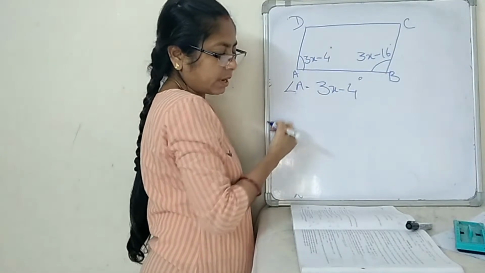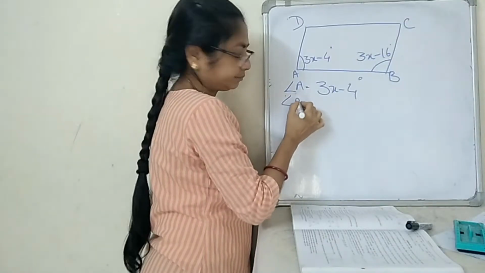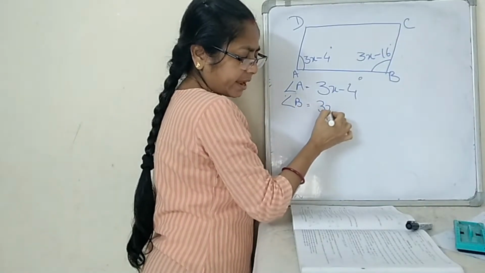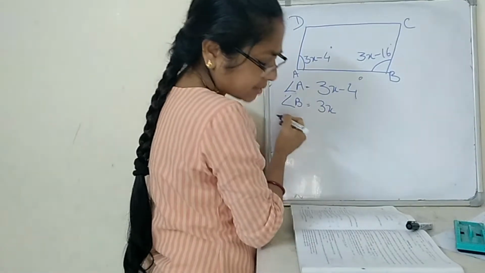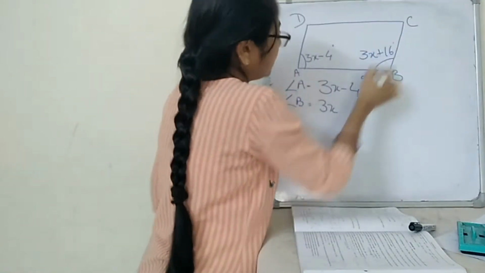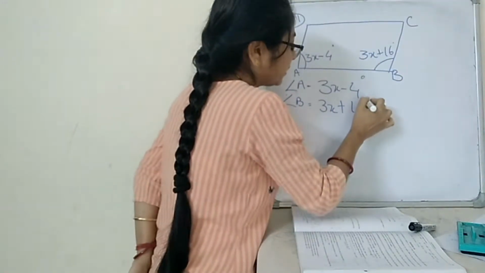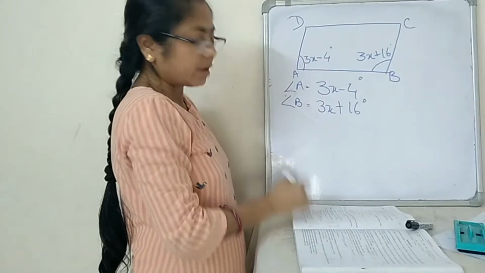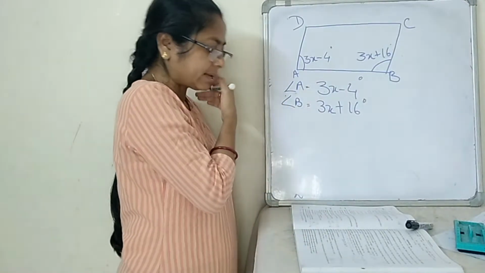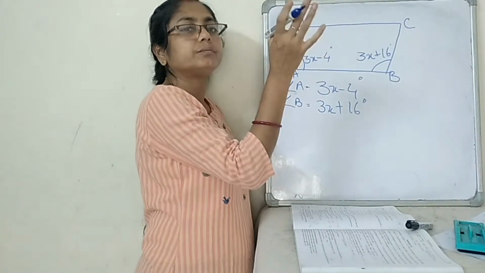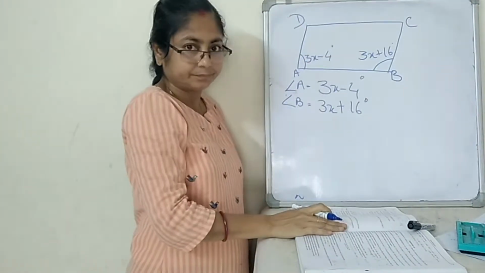Okay? And angle B is 3x plus 16 degree. Clear? Find the value of x and then find the value of the angles.